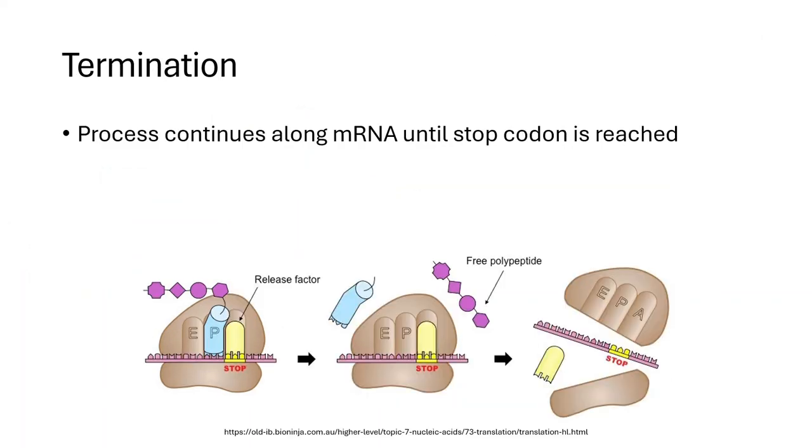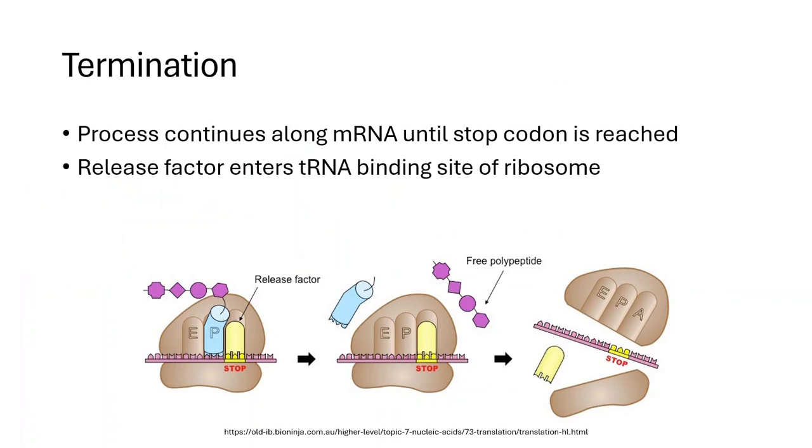The final step is termination. So once you reach a stop codon, instead of a tRNA that comes into that open ribosomal slot, you're going to have a release factor enter. It's not a tRNA. When that enters, it's basically going to trigger this whole complex to fall apart.